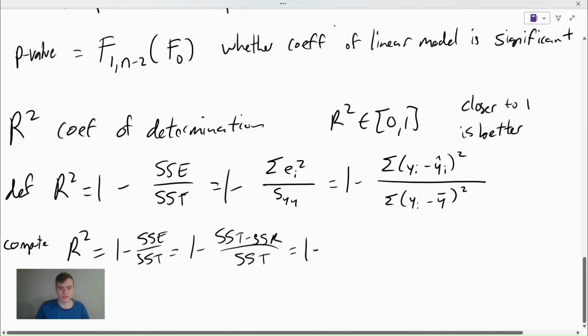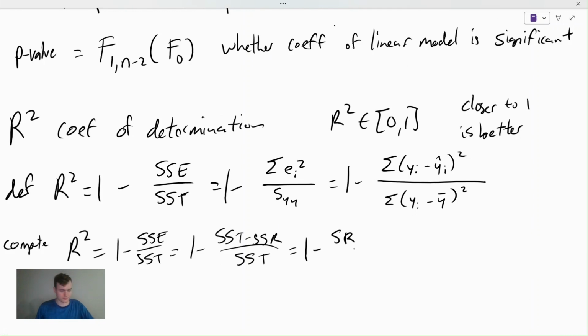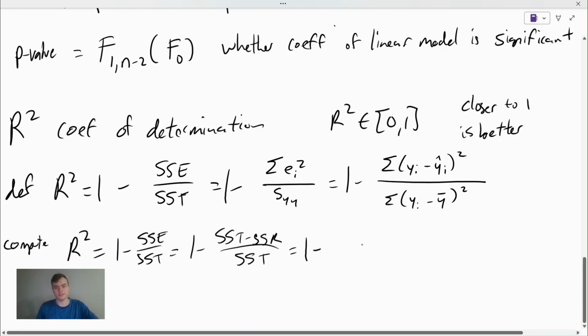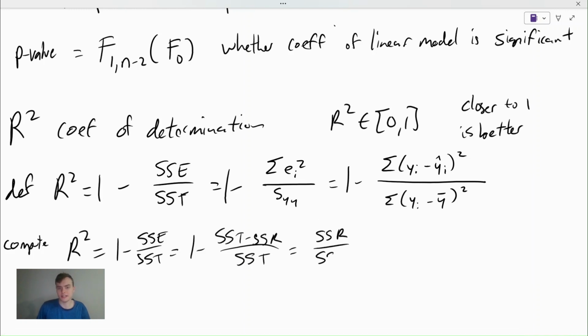And so, here, let's go ahead and just get rid of the 1 minus. So SST on top and bottom, that just leaves us with SSR over SST. And then we have SXX over SYY, substituting in what those were.